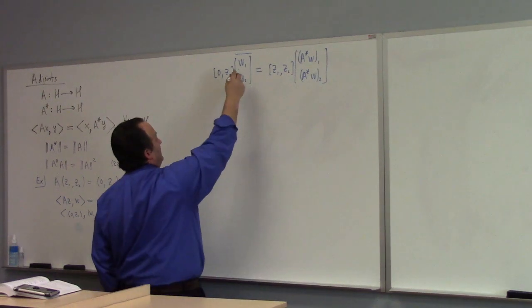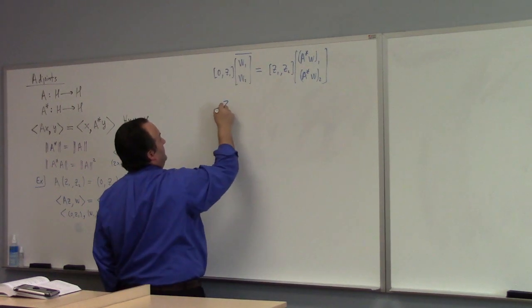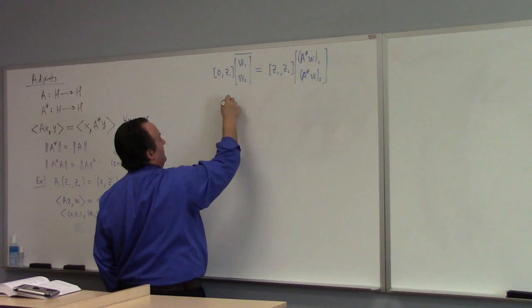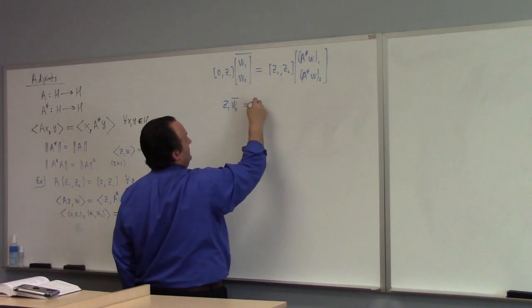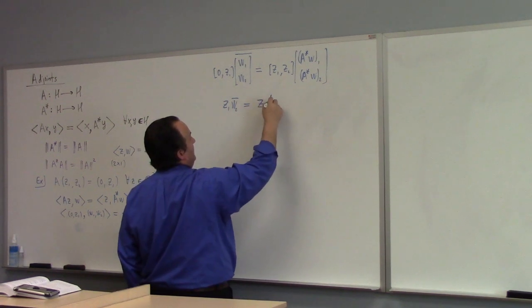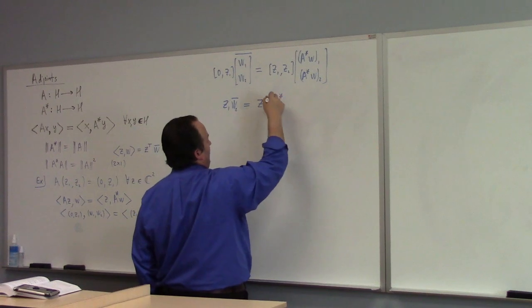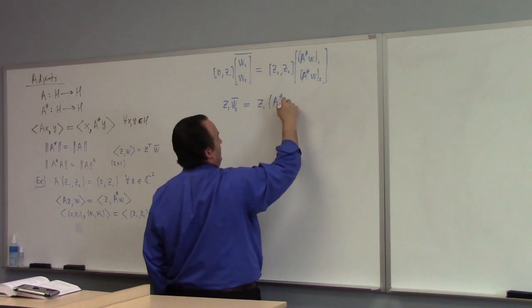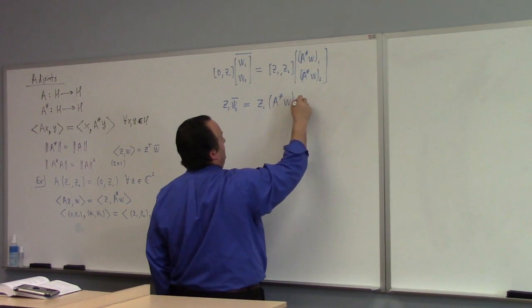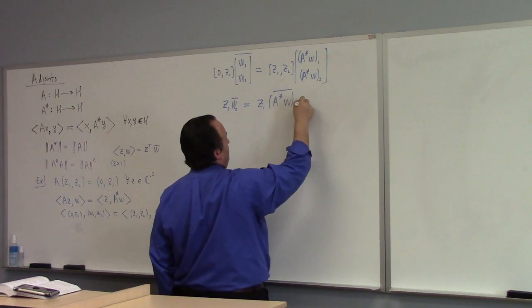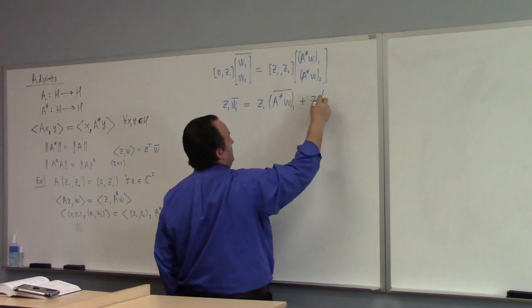That gives me Z1 W2 bar is equal to Z1 times the first component of A star W, conjugate, plus Z2 times the second component, conjugate.